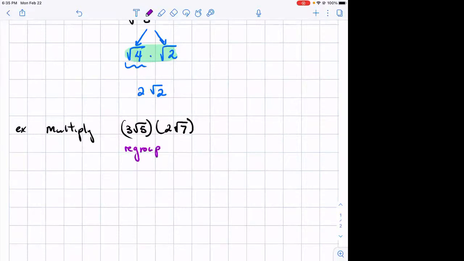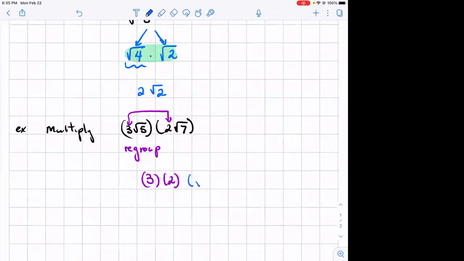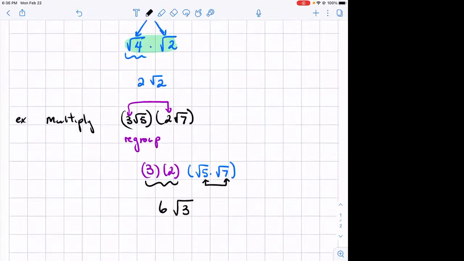We take 3 times 2, the coefficients, and then multiply the radicals, radical 5 times radical 7. 3 times 2 is 6, and 5 times 7 becomes the root of 35. That is the multiplication process.